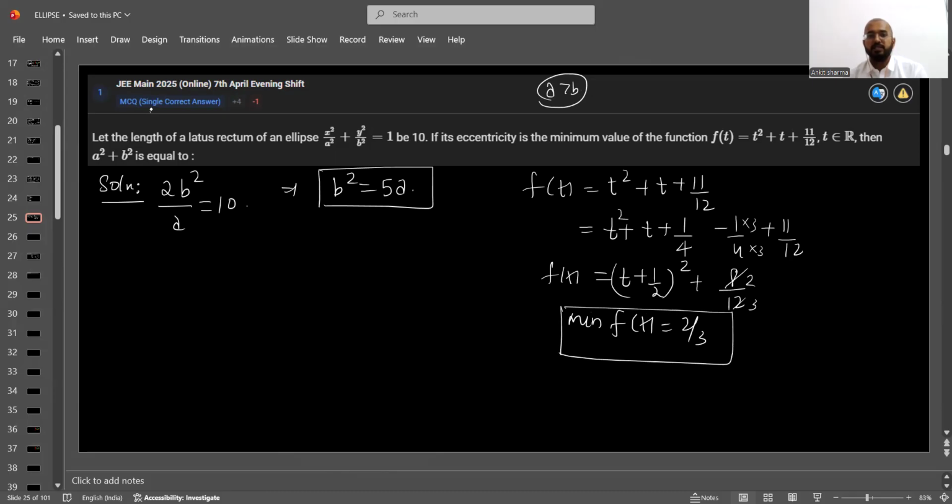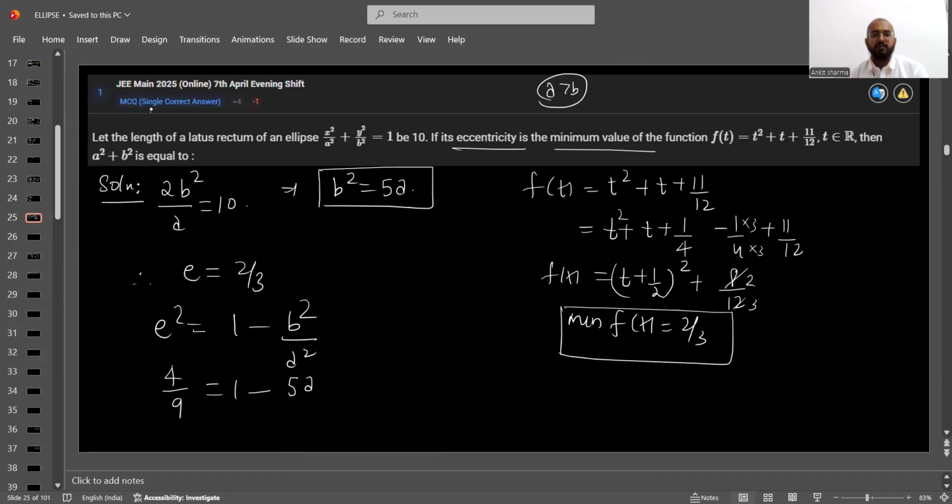That means we got the eccentricity of the ellipse. So E is equal to 2 over 3, because they have given that the eccentricity is the minimum value of this function. So E square is equal to 1 minus B square over A square. So from here, E square is going to be 4 over 9, equal to 1 minus B square, and we know it's going to be 5A here, so 5A over A square.